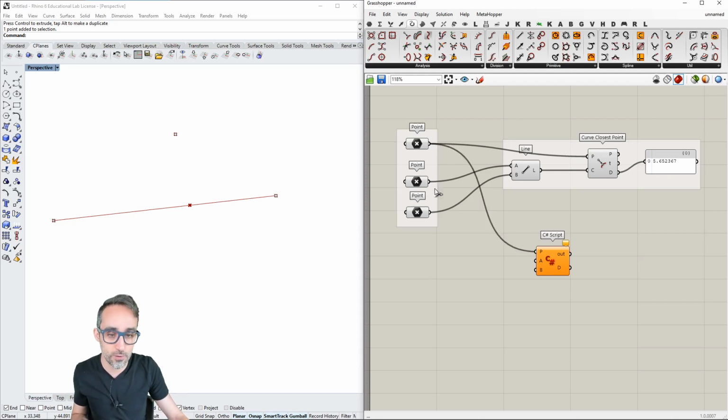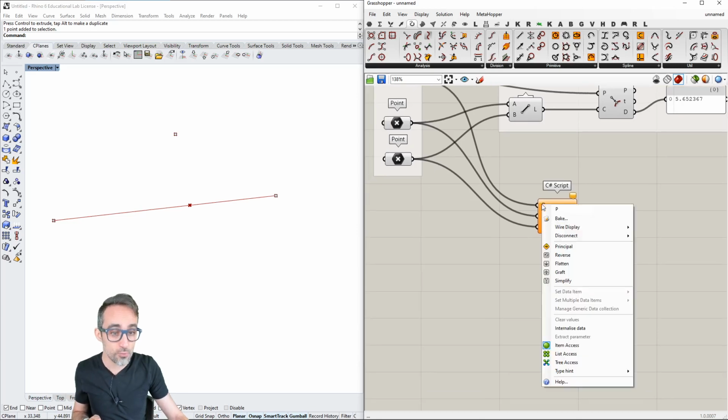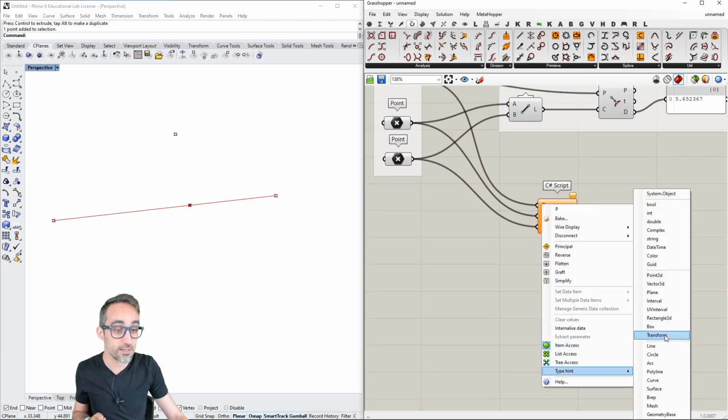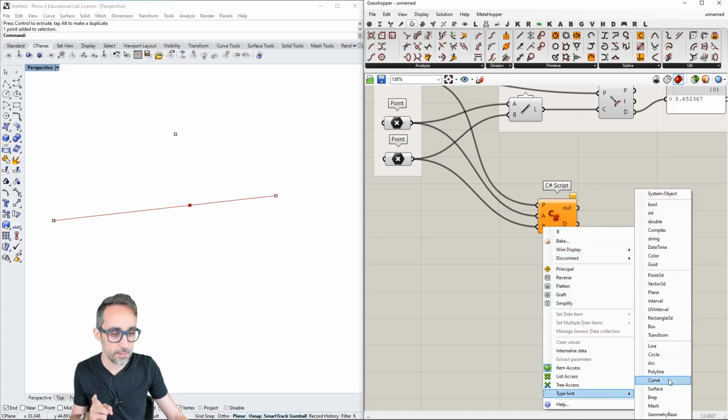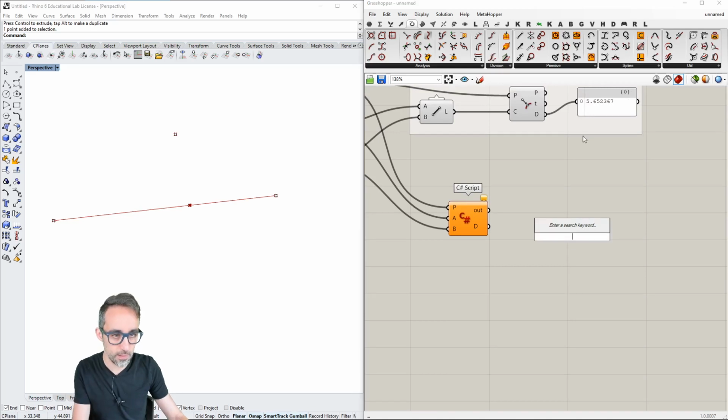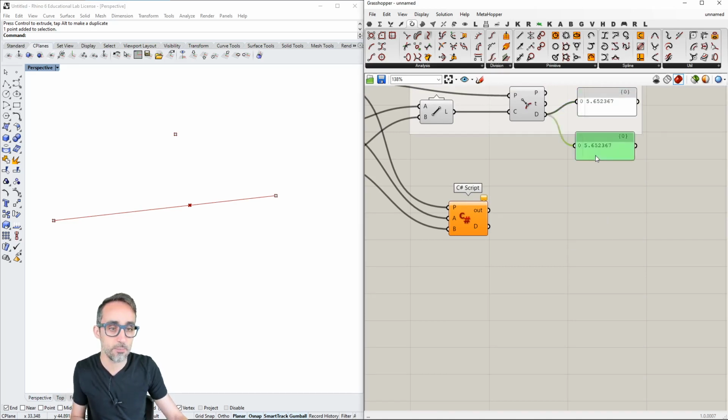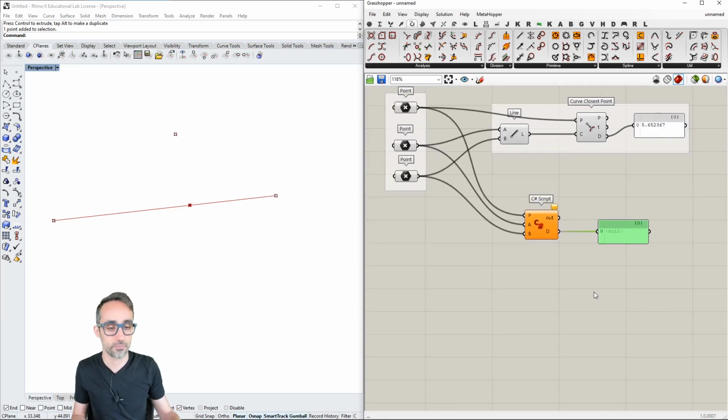I'm going to plug those in here, and as usual, you have to remember to right click on the input and specify the correct type. So these are going to be Point3D, each one of them. And then here I'm going to plug in a panel to make sure that we understand the output. And with this, I'm probably ready to start coding.